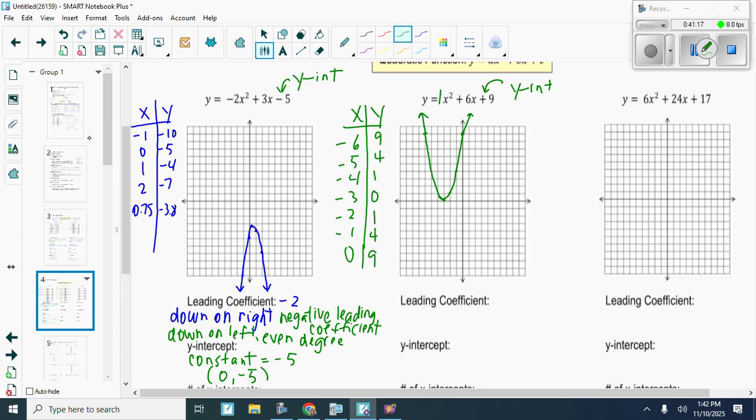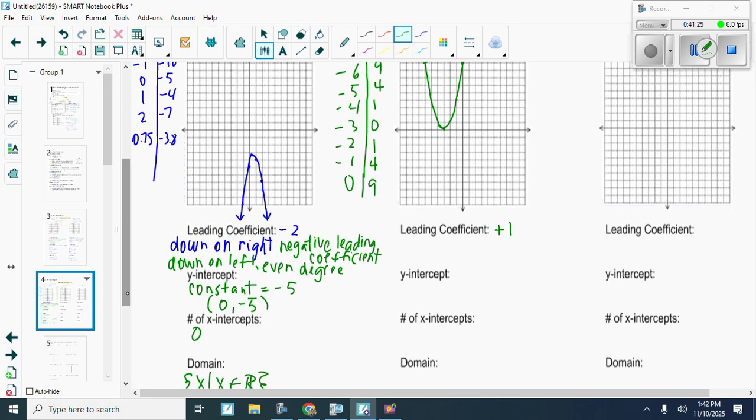So we'll notice our leading coefficient was a +1. That means we are up on the right because it's a positive leading coefficient. Guys, positive leading coefficients are always up on the right.